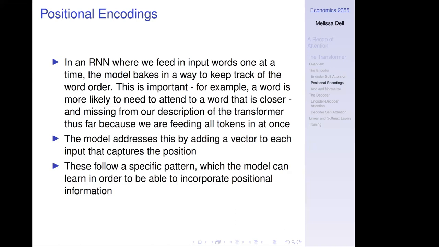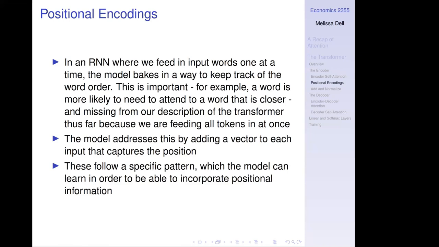Okay, and so there's another thing that we have not covered yet that's important. Going back to the point of comparison with an RNN, the sequential architecture of the RNN bakes in the order of the sequence.